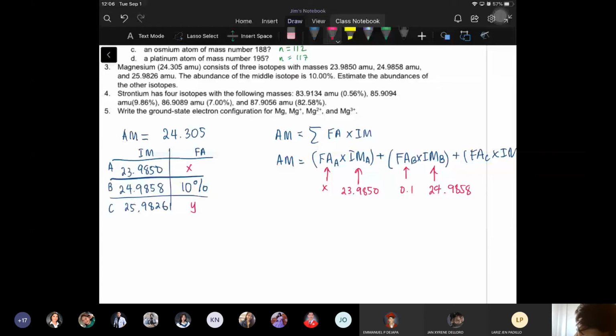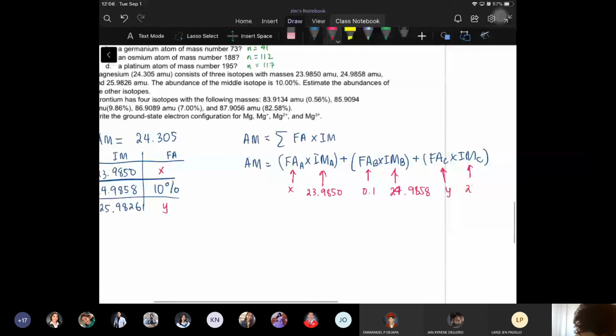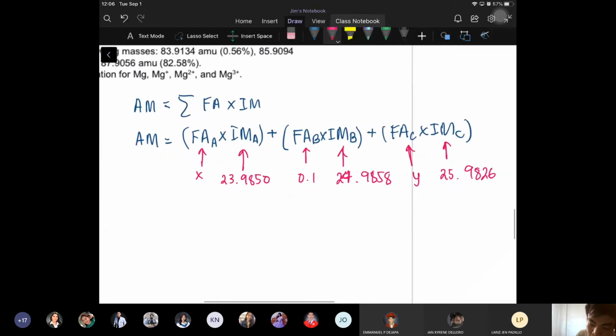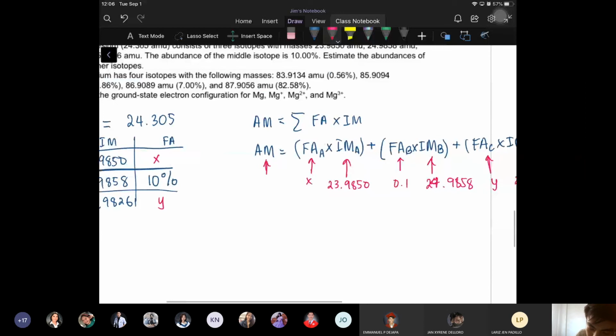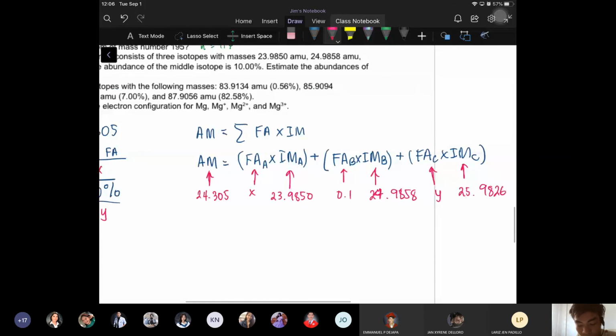The fractional abundance of C, I don't know, and the isotope mass of C is 25.9826. And the average mass, which was reported earlier, is 24.305.